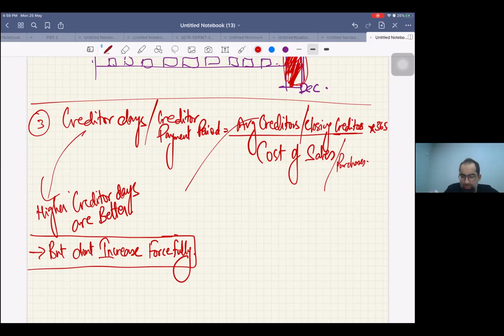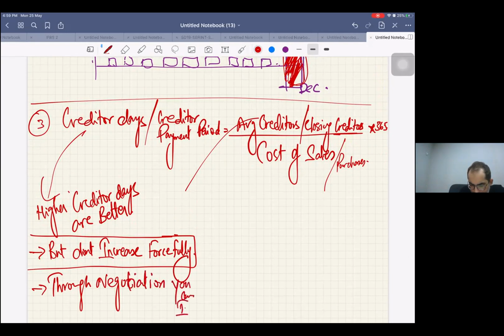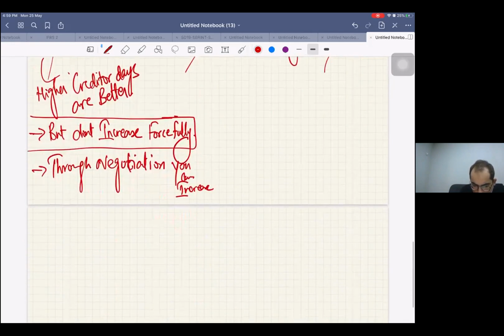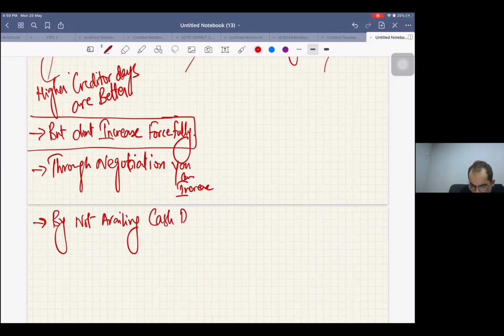So through negotiation you can increase them, or by not availing the cash discount: if your supplier is offering you a cash discount, don't avail that offer, because you don't need to pay early, you want to pay late, so better not to avail the cash discount offered by the supplier, right?